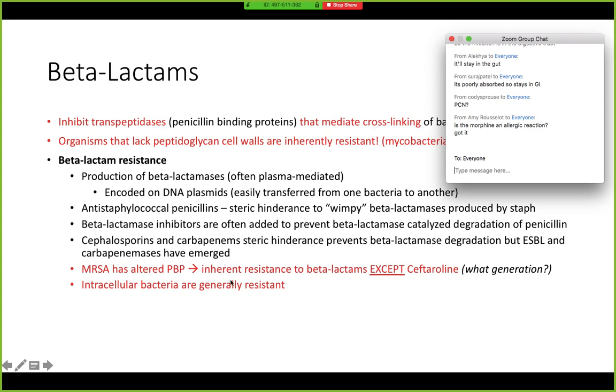And another big point down here is that MRSA has an altered penicillin binding protein. So it's going to be resistant to beta-lactams, with the exception of ceftaroline. So what generation is ceftaroline?